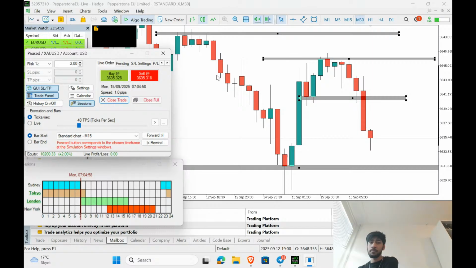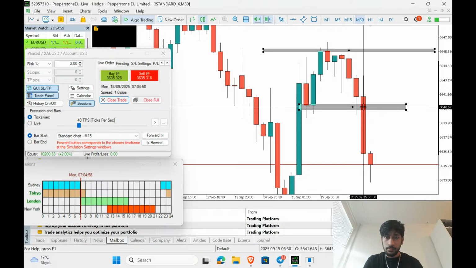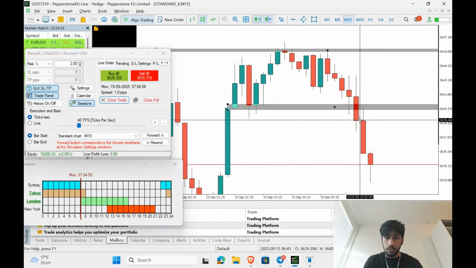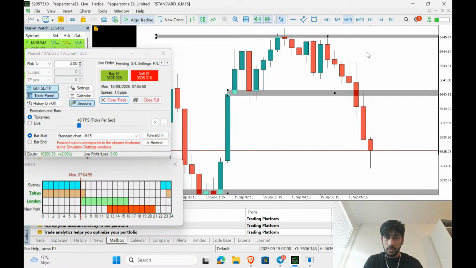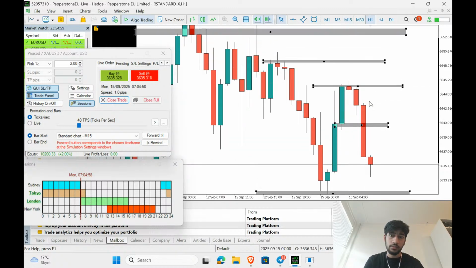So remember, what you can learn from this trade is why I didn't wait for M30 to close below this and just executed on M15 closing below this, because H1 was bearish and we had clean range on H1 to fill. That's the reason. And if you want to take trades, you always have to wait for M30, H1, and H4 confirmation.